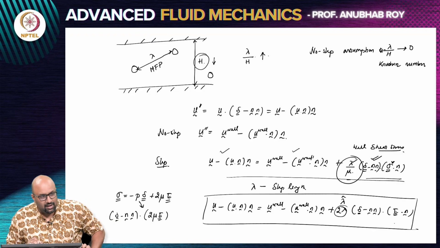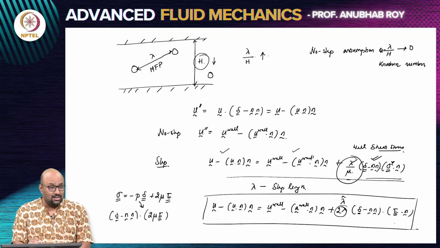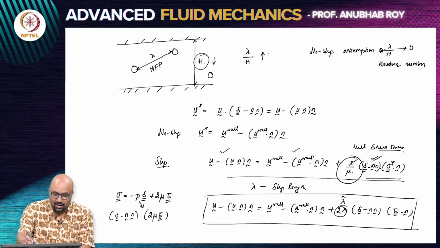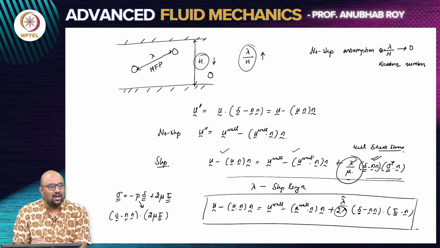And seeing deviations from no slip is not very uncommon. You can see it for various reasons. It could be that you want to engineer a surface that has some kind of a slip. If you design a surface that is hydrophobic in nature, there can be slip. So, slip can come because of various reasons. One reason that I gave here, which is the more formal reason based on kinetic theory, is that your system size starts becoming comparable to your mean free path, which is why you are getting a slip.